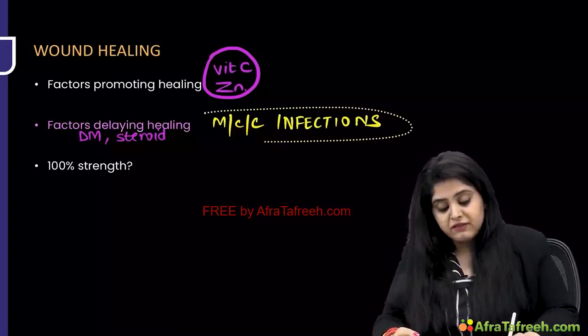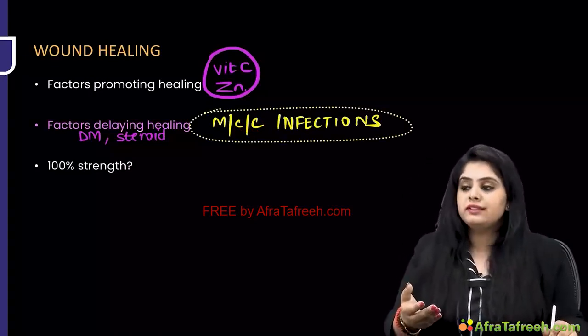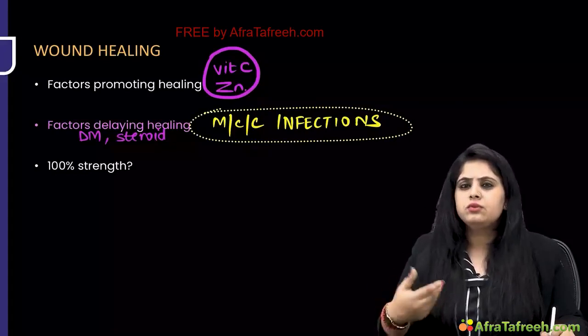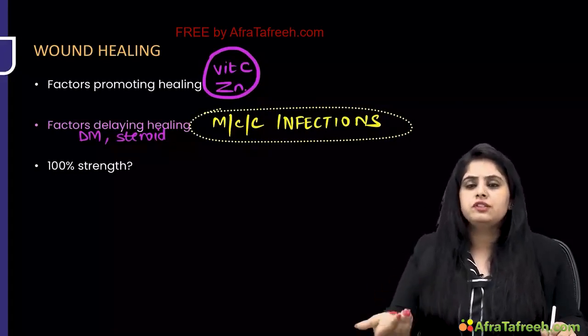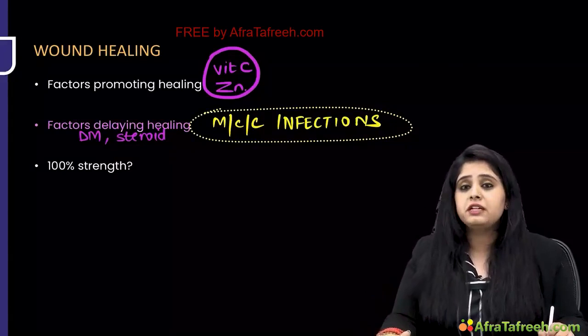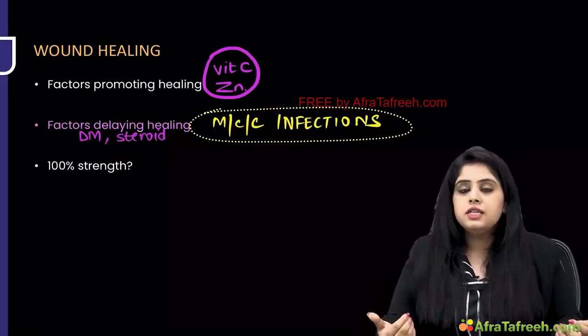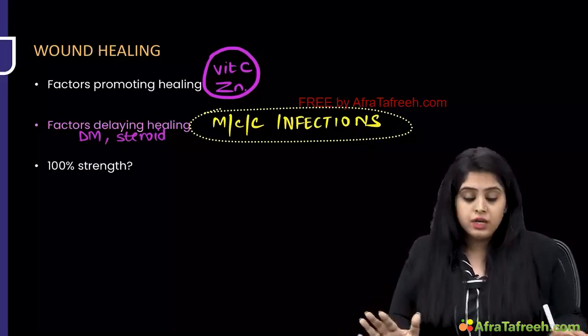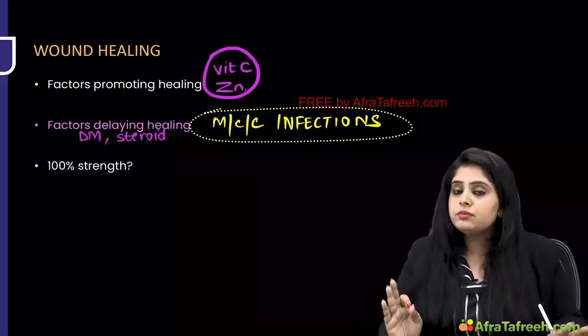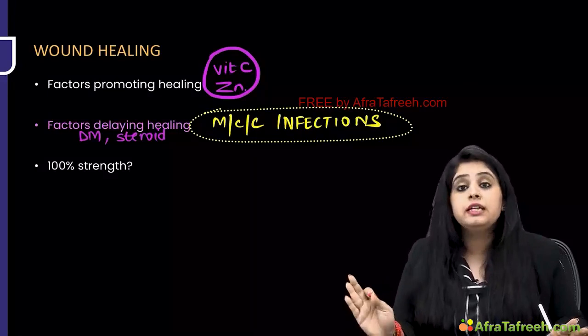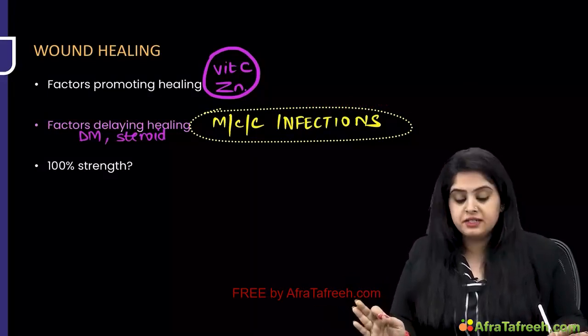That is why when you as an intern go to the ward and they say, do the dressing, change the dressing every day, don't let the wound get infected, be very cautious, because if the wound gets infected, the healing is going to be delayed a lot. You don't want that to happen. So the most important thing: keep the wound clean. Do not let it get infected.